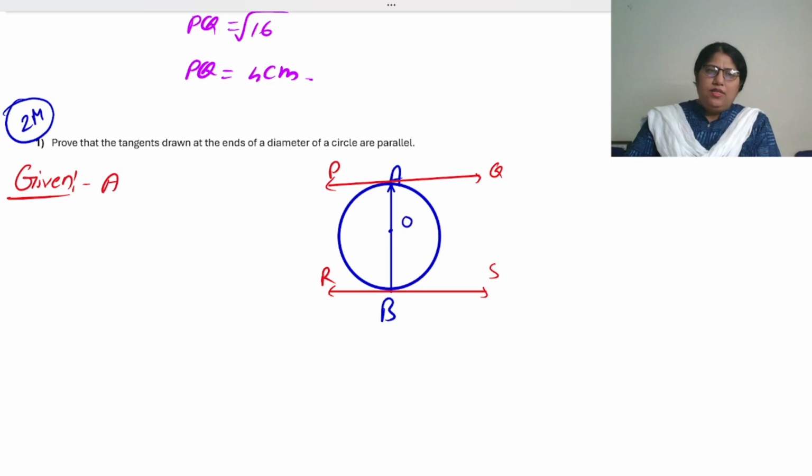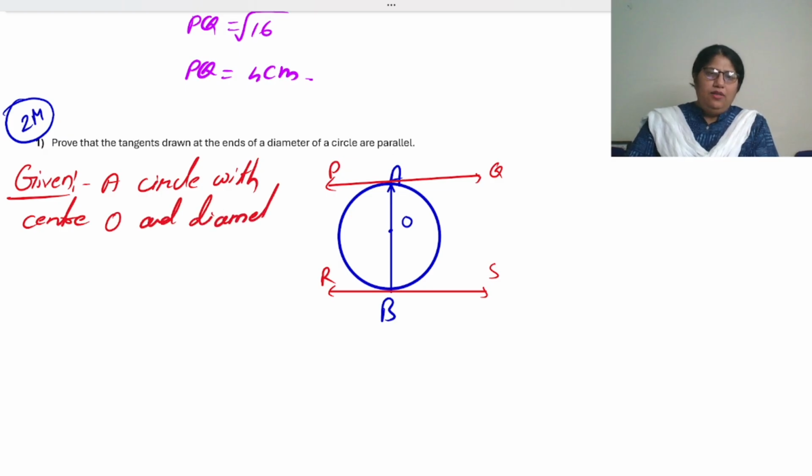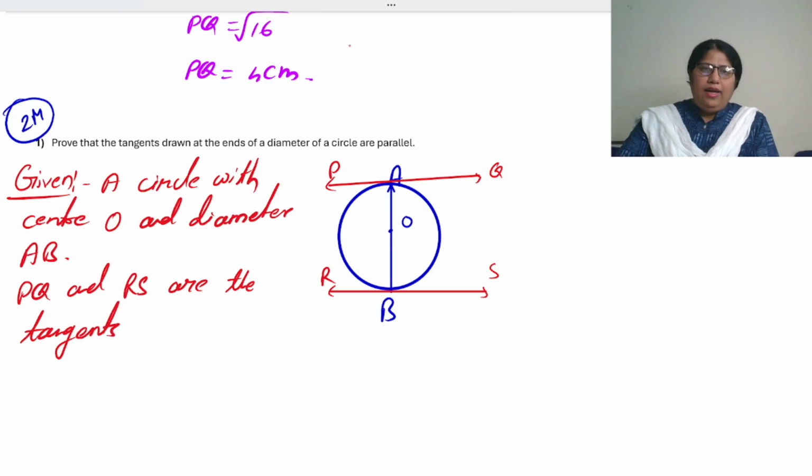Given is a circle with center O and diameter AB. PQ and RS are the tangents at A and B.